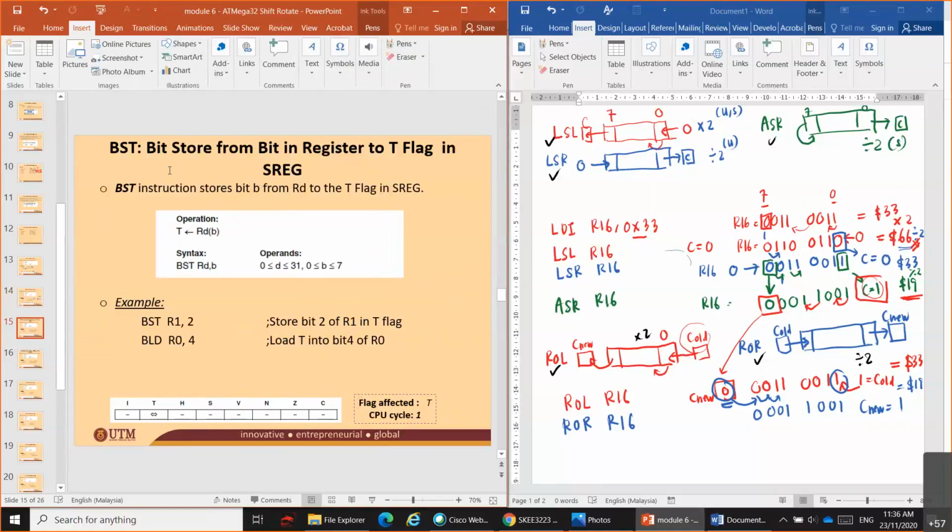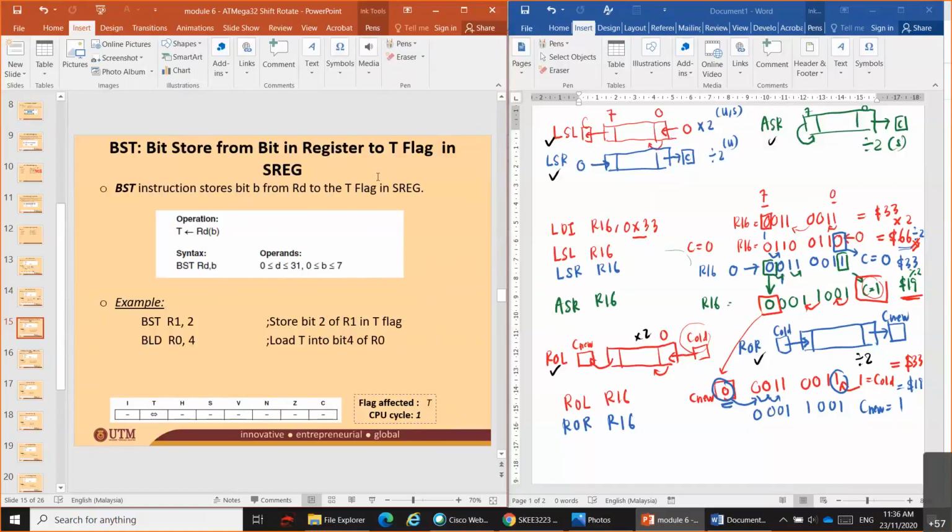Okay, BST stands for bit store from a bit in a register to the T flag in the status register. This instruction stores bit B from your GPR to the T flag inside your status register.